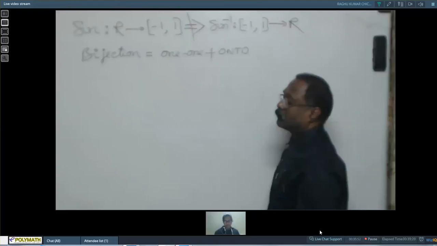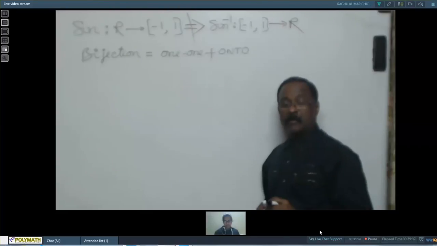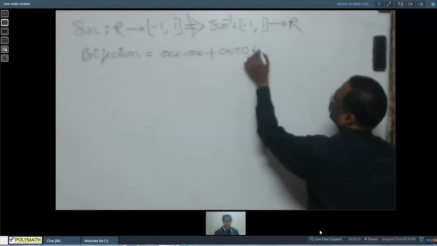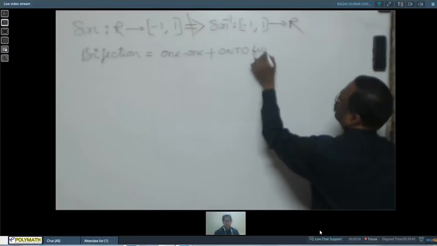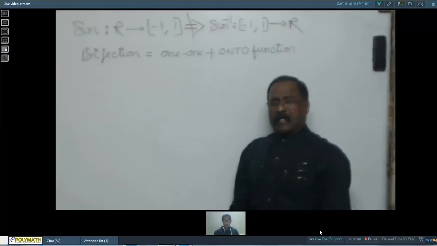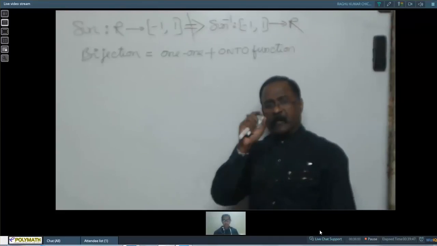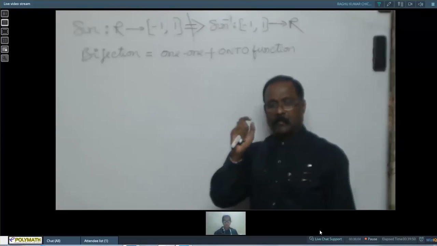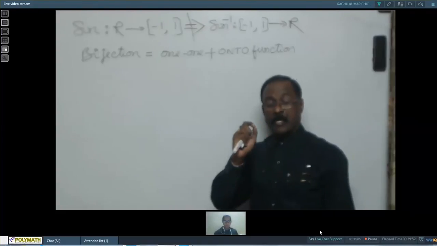It is a one-one plus onto function. What exactly can I say about a one-one function? One-to-one is also said to be an injection.